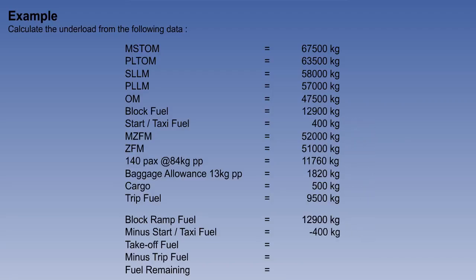Now enter the start taxi fuel of 400 kilograms and subtract it from the block ramp fuel, which gives the takeoff fuel of 12,500 kilograms. The trip fuel of 9,500 kilograms must be subtracted from the takeoff fuel of 12,500 kilograms. This gives us a fuel remaining on landing of 3,000 kilograms.